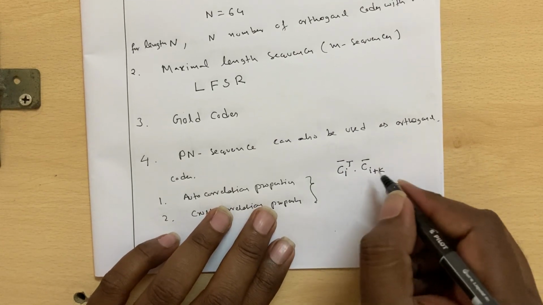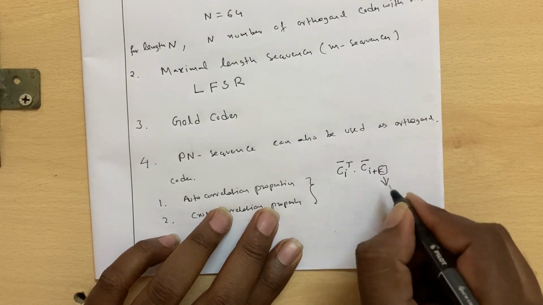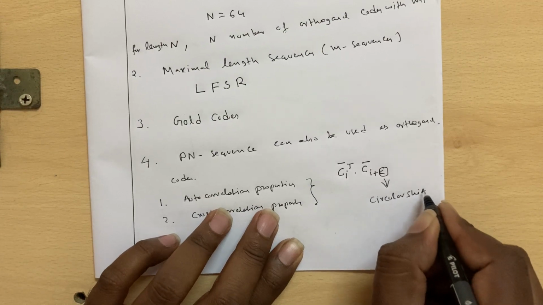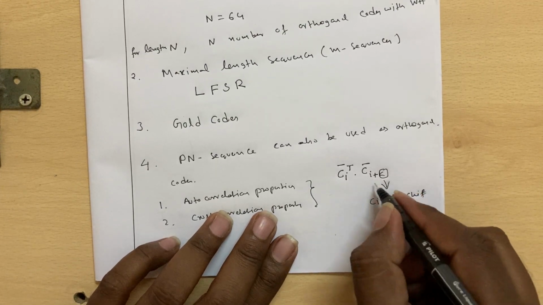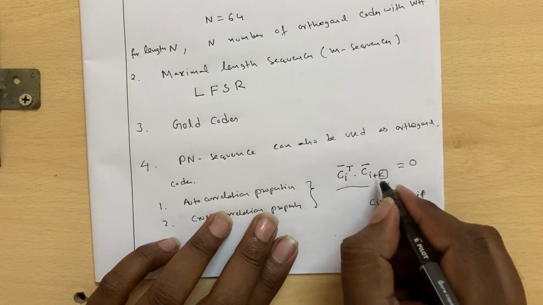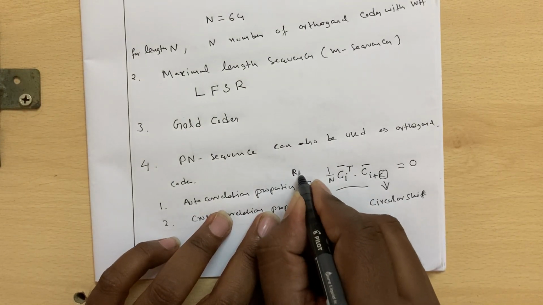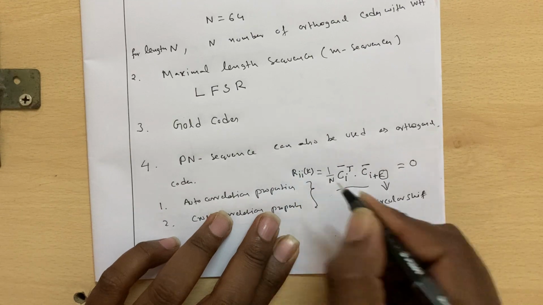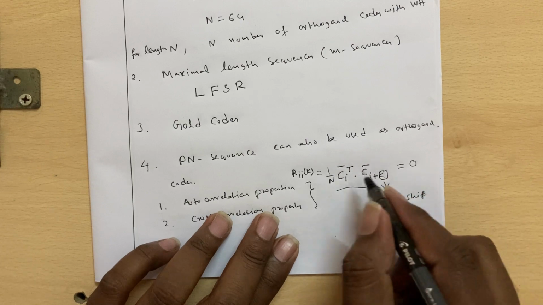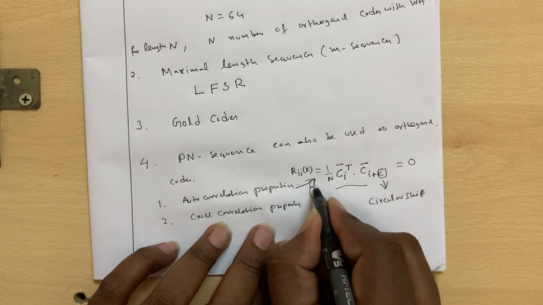If you give a circular shift of k chips, then take the dot product. If it is equal to 0, this is the autocorrelation evaluated at the lag k. So the shifted sequence should be orthogonal to the original, and then it will have good autocorrelation properties.